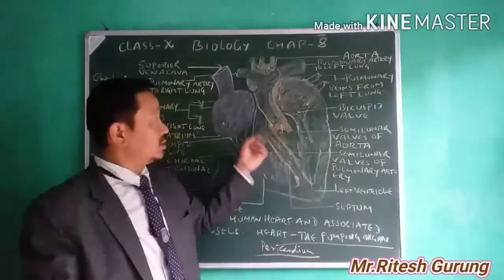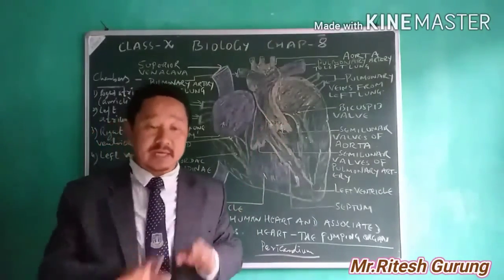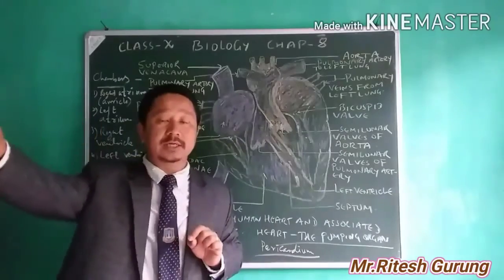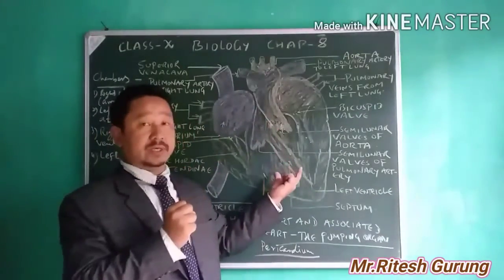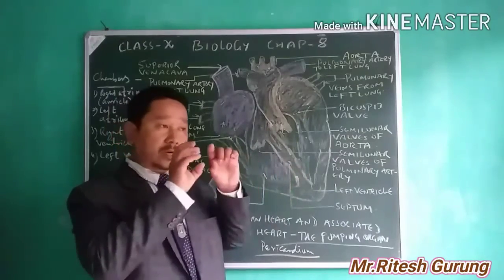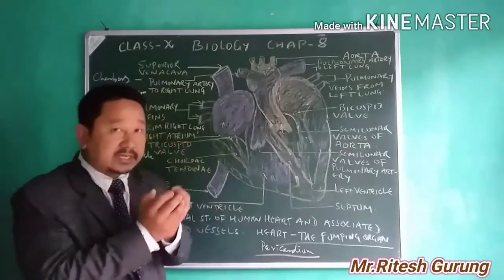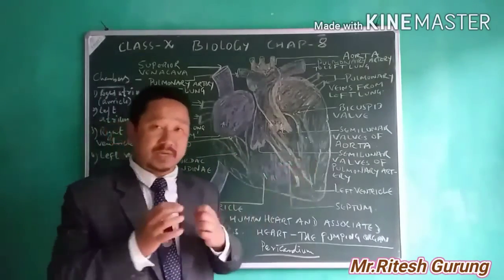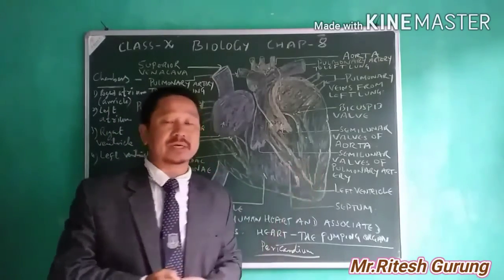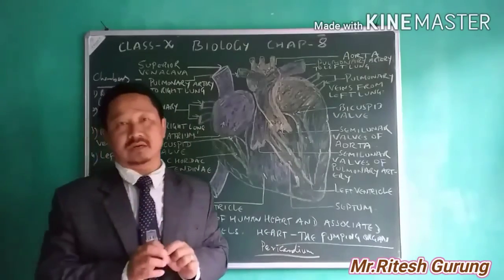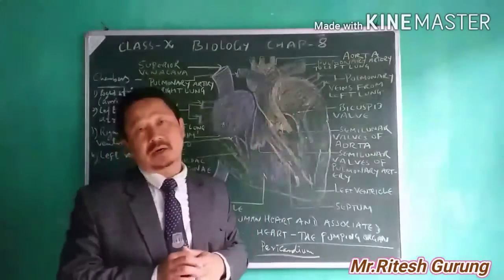It has to send the blood not only to this small region, but to the tip of the toes and the tip of the fingers also. That's why a heavy force has to be pumped, and in order to bear that force, the wall has to be strong enough, so the wall of the ventricle is much thicker than the wall of the auricles.